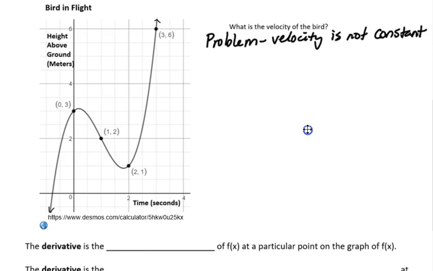For example, if I wanted to know the velocity in the interval of time from 0 seconds to 2 seconds, even then it changes. You can see this is a curved graph, but maybe we could find the average velocity.